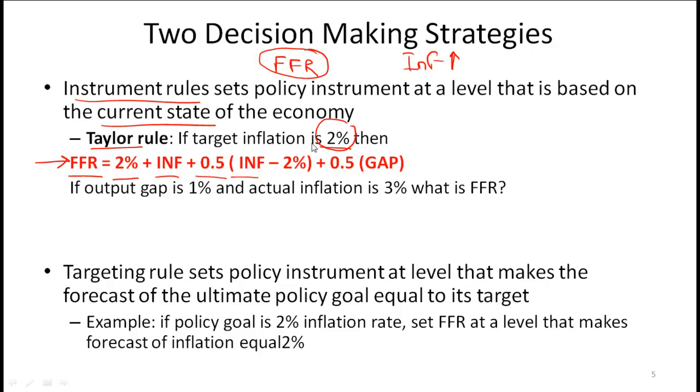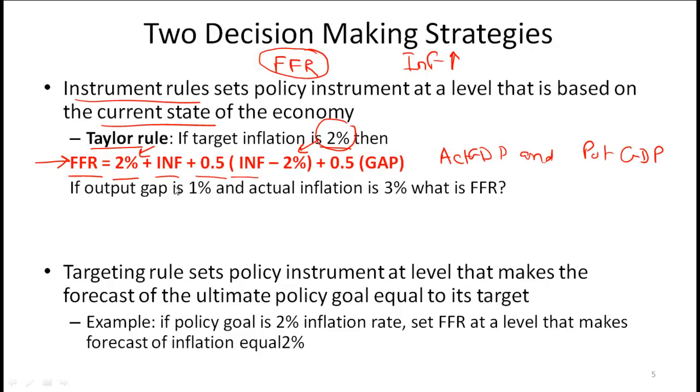The 2% target is showing up here and here in the formula. So the current inflation minus 2% plus 0.5 times the gap. This is the gap between actual GDP and potential GDP.